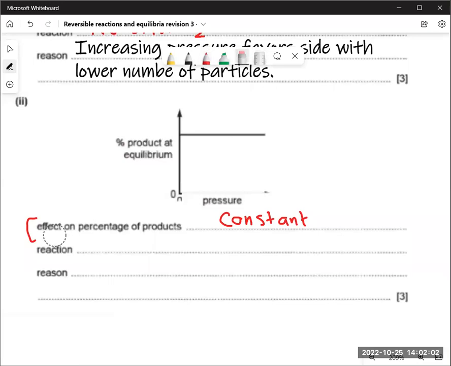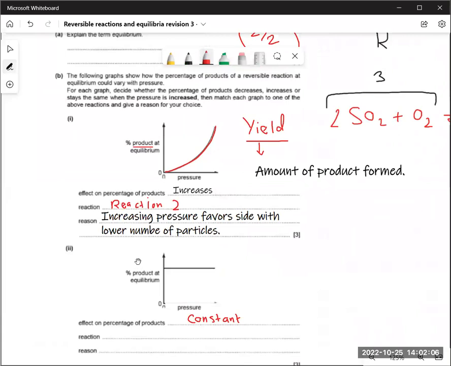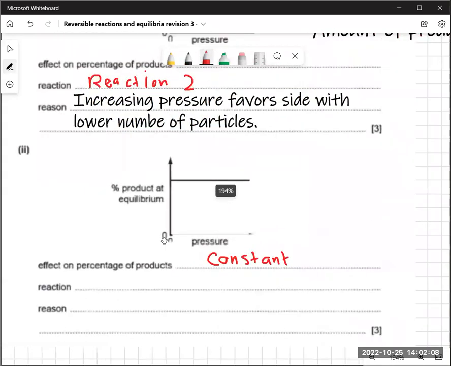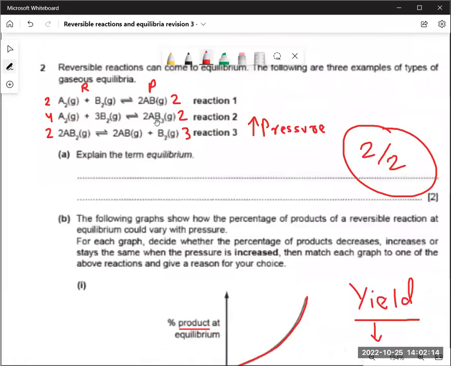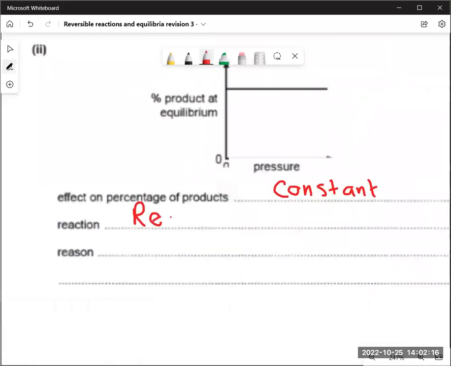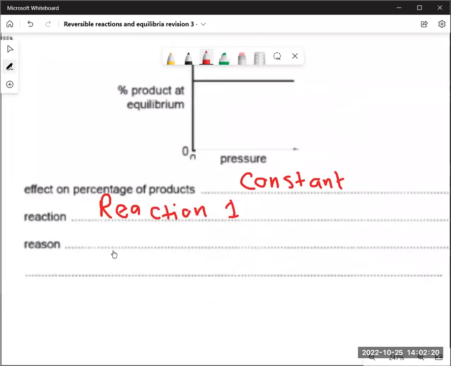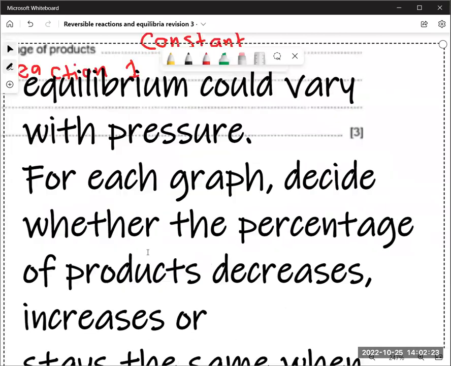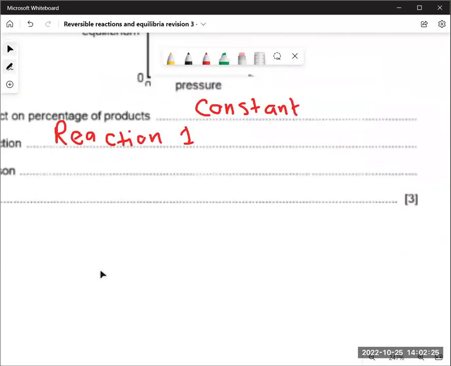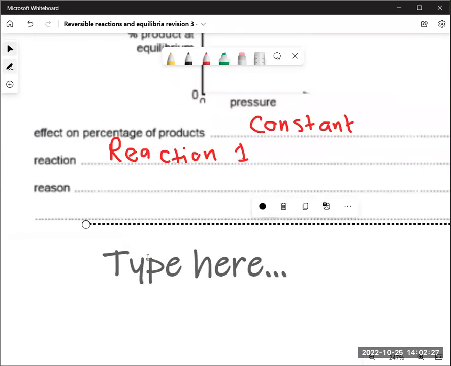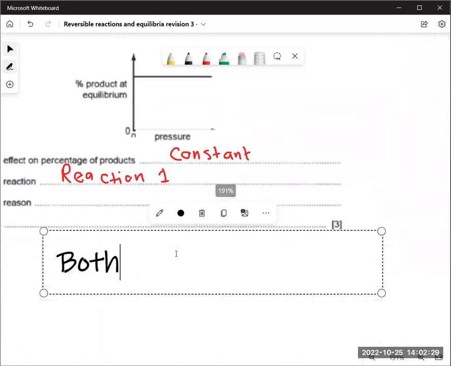Okay. Let's see. Now, which reaction will be the same? For it to be the same, the number of particles on both sides must be the same. So reaction 1. And the reason is it's constant because both reactant and product have the same number of particles.